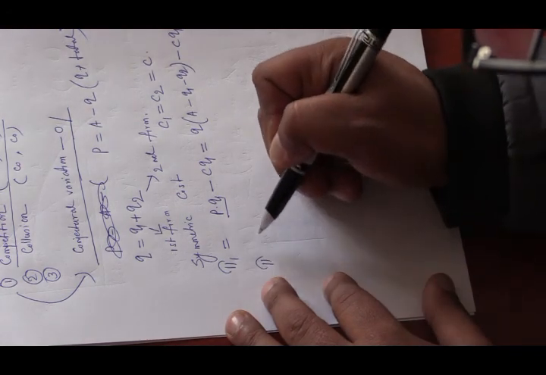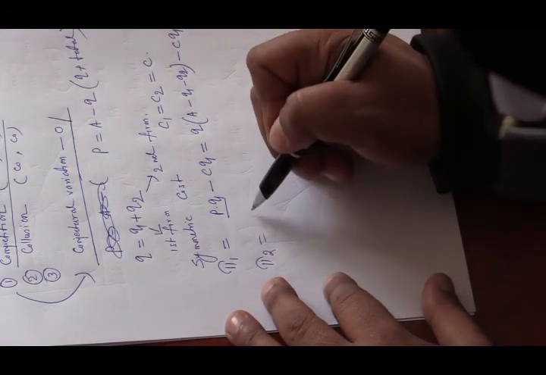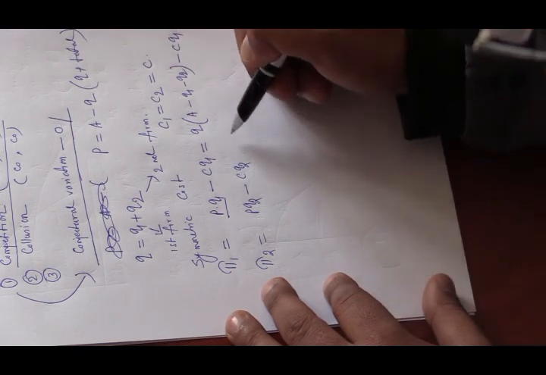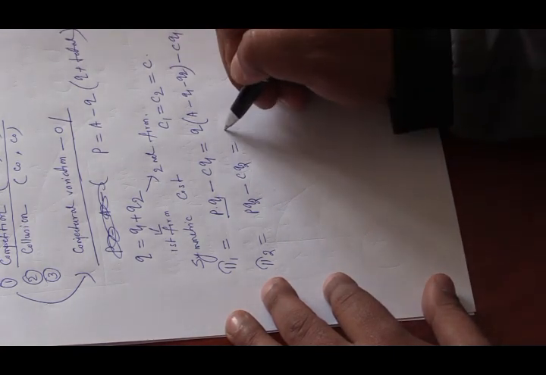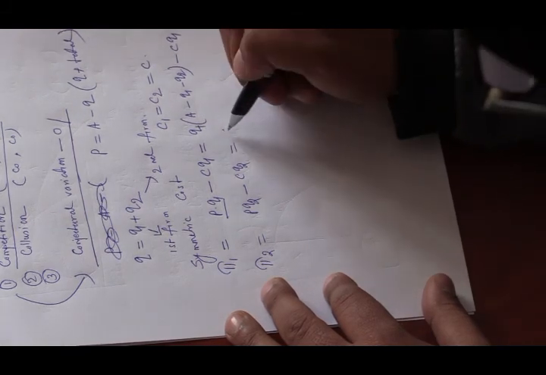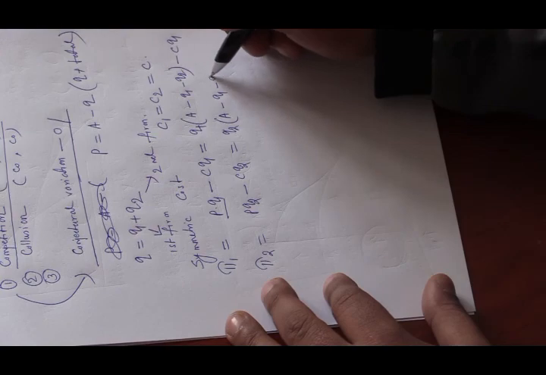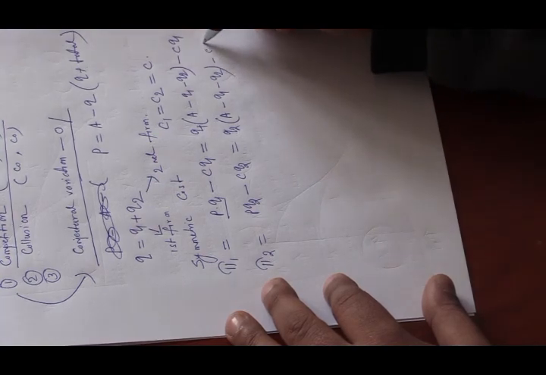And similarly, pi 2 equals P into Q2 minus C Q2. It will be Q2 into (A minus Q1 minus Q2) minus C Q2.